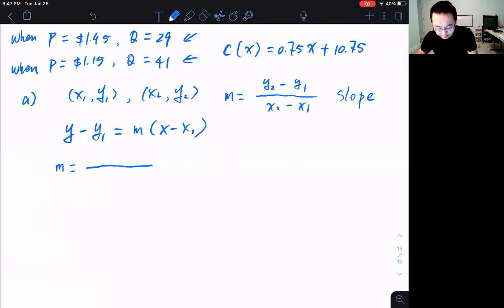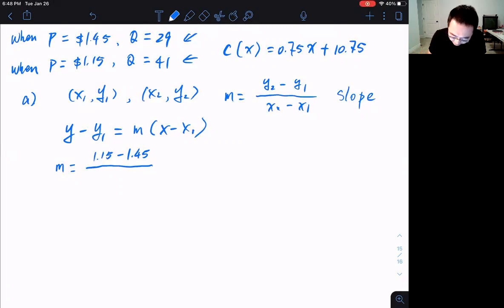I'm glad I made that mistake, so I can show you how not to do it. Your vertical change is your new price minus your old price, so it's 1.15 minus 1.45. That is your rise, and then run is the quantity change.